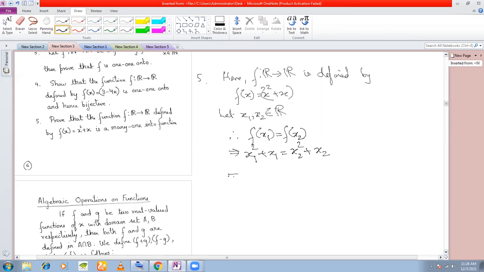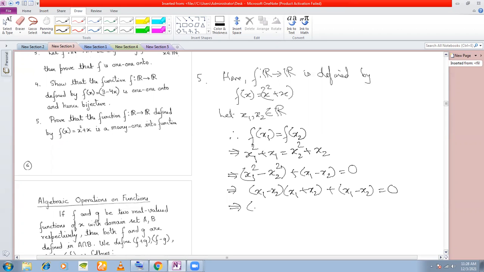So that means x1 squared minus x2 squared plus x1 minus x2, just as we had done earlier. That means (x1 minus x2)(x1 plus x2) plus (x1 minus x2) is equal to 0. That means (x1 minus x2)(x1 plus x2 plus 1) is equal to 0.